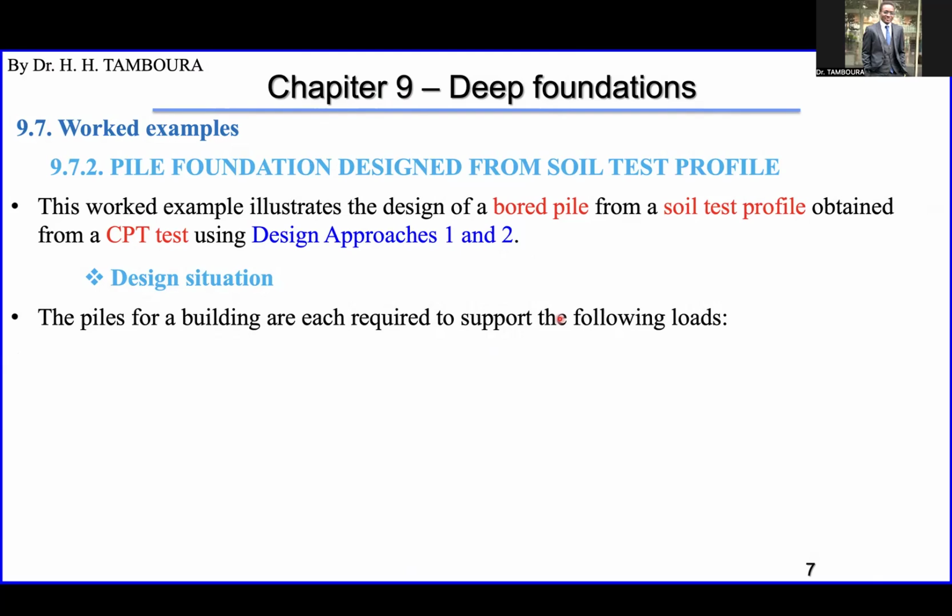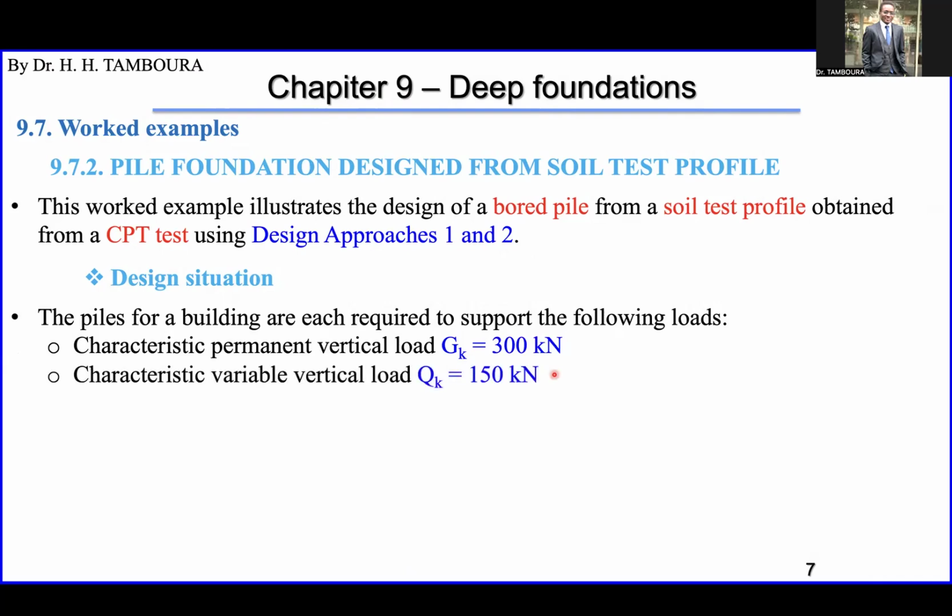Because after doing calculation of the load from the structural engineering, we found out that each pile needs to support this load. One, the characteristic permanent vertical load, 300 kilonewton, okay? And the characteristic variable load, 150 kilonewton. Remember, each pile of the building.